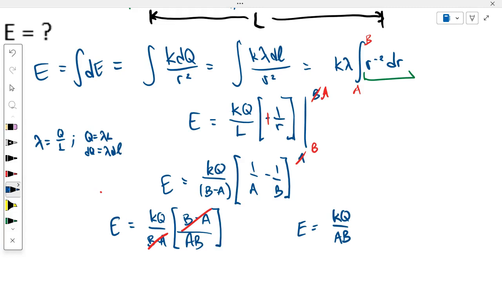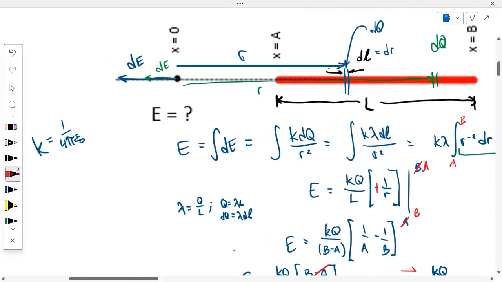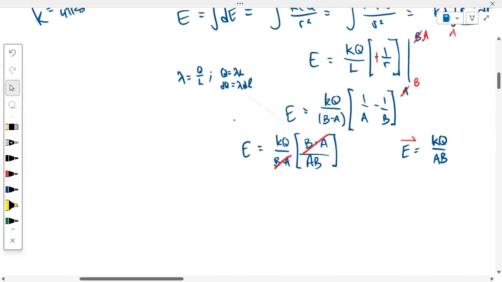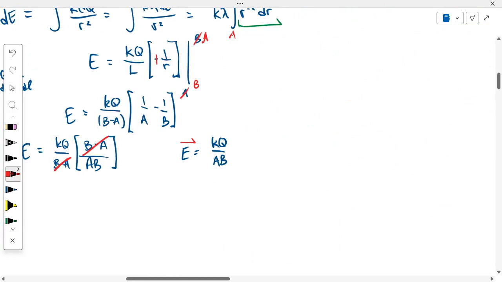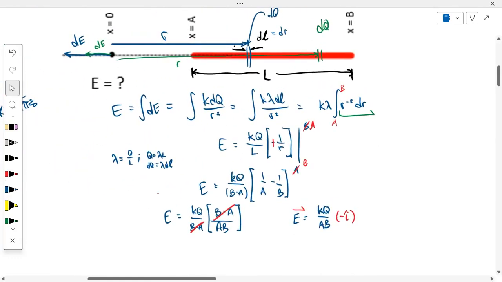Let's go one step further and define this field as a vector. Notice all these dEs point left. We get a positive answer, but that does not correspond in any way to direction. We have to do our own interpretation of the direction of the field based on what we know about charges and the directions the fields point relative to those charges.